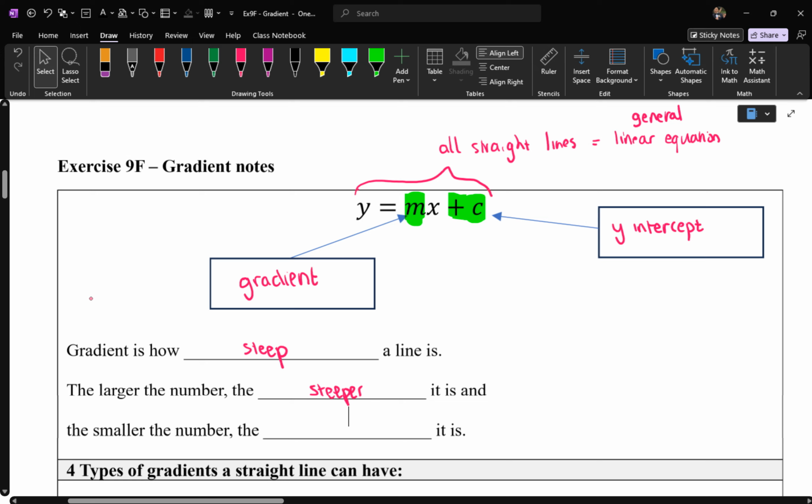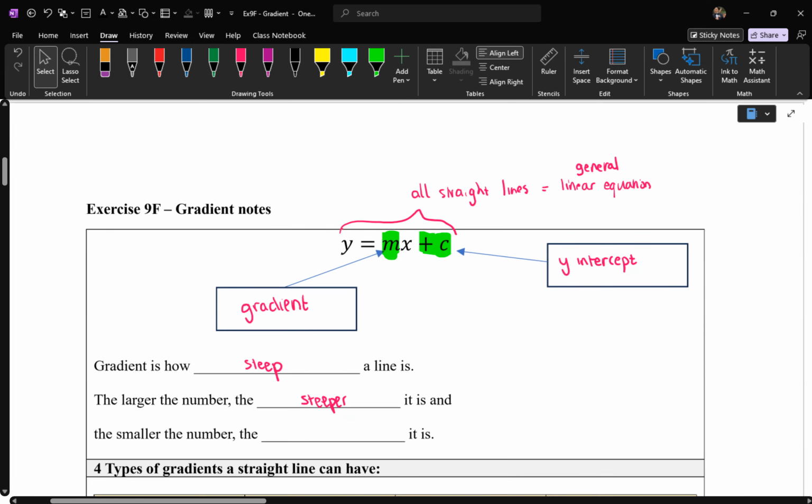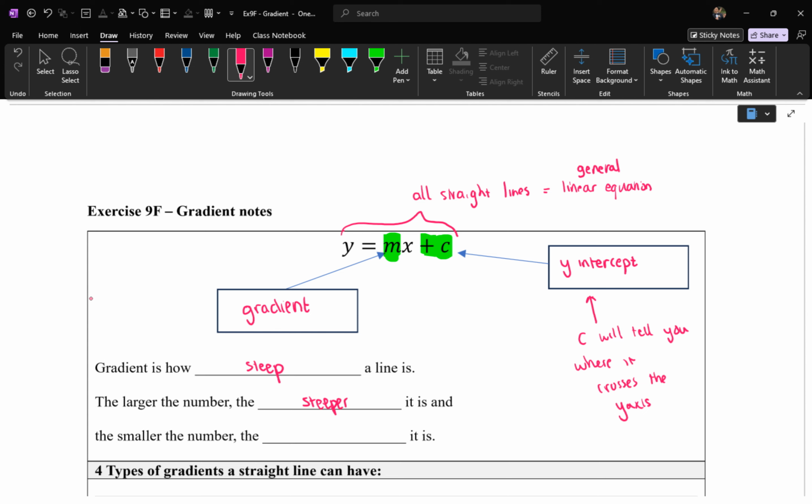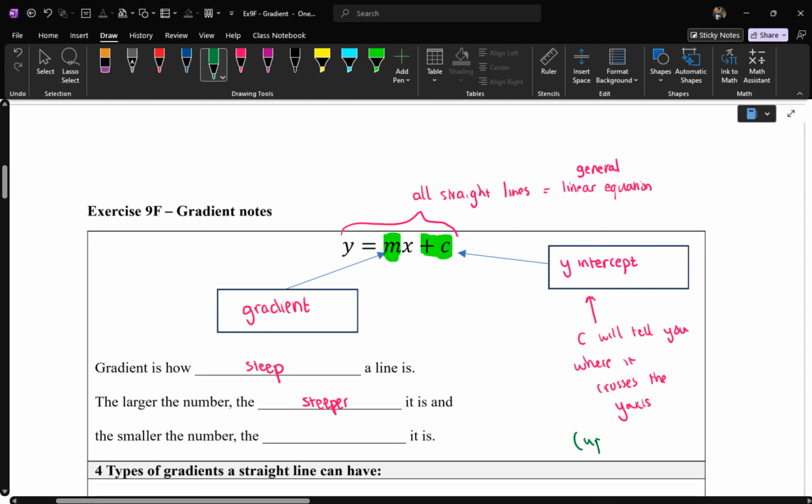So in your notes, just write here, just so that you remember, C will tell you where it crosses the y-axis, or where the y-intercept is, really. And essentially it almost feels like it moves the graph up and down. So I'm going to write here up, down, if that helps you remember.